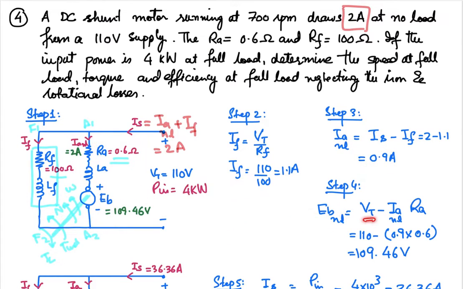So that will be equal to Vt minus Ia no load into Ra. So 110 volt is the applied voltage, no load armature current, and armature resistance. So 109.46 volt is the back EMF at the no load. So at no load this will be like that, and because of the voltage difference over here and over here, a certain current is going to flow, and that is equal to 0.9 ampere in this case.